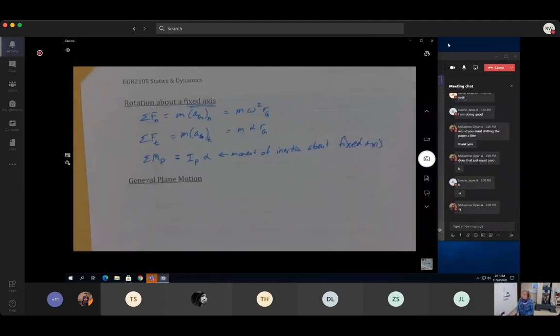Okay, so we can simplify that equation if we know that we're rotating about a fixed axis, because we don't have to worry about that point translating in addition to the rotational motion we see.